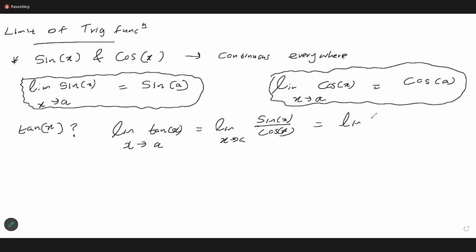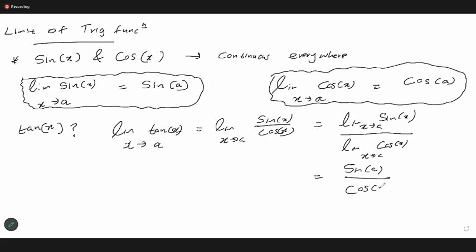So you can write the limit of sin x when x approaches a over the limit of cos x when x approaches a, right? Now you know what happens to sin x when x approaches a, and what happens to cos x when x approaches a. So you can just plug in the value. Then this one should be sin a, this one should be cos a.